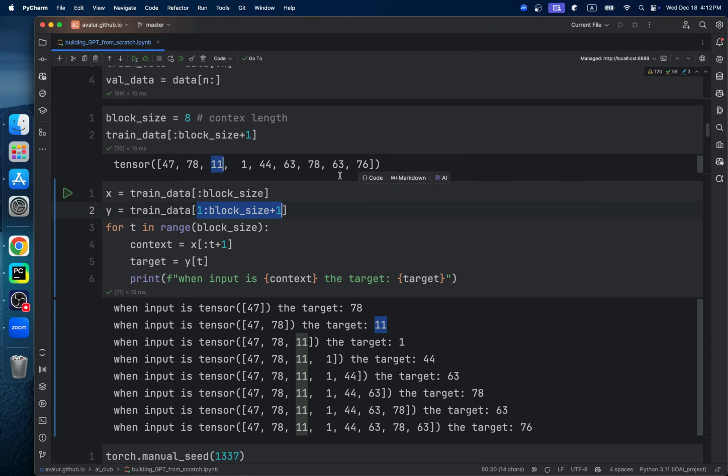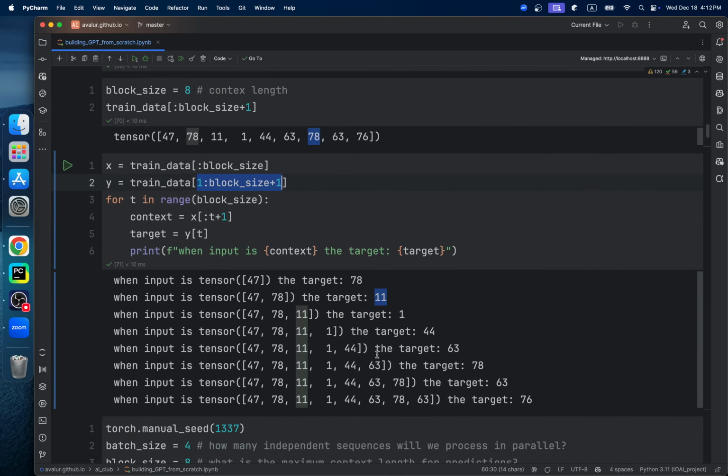So for each prefix of these sequences, the last number is the answer, and then we go to the pre-final number 63, and the target is the last number, 76.